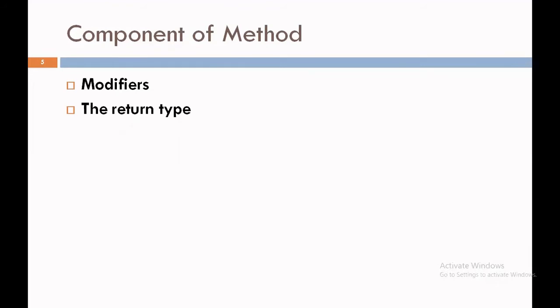A method can return a value which could be an integer, string, character, float, or nothing. In case a method is not returning anything, then we have to specify void. Void means it does not return anything. A method which is not returning anything, or has a void return type, is known as a procedure. If a method is returning a value, then it is known as a function.